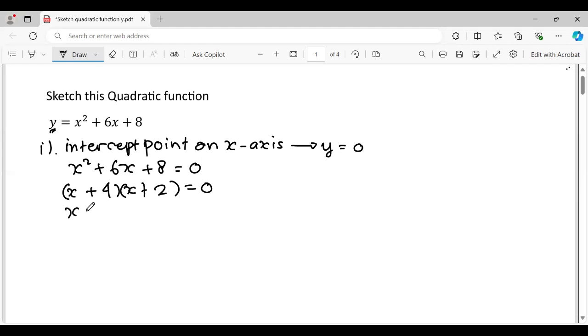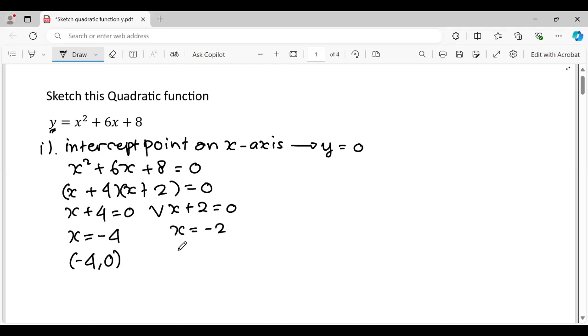So it's going to be x plus 4 equals 0, or x plus 2 equals 0. So x equals minus 4 and x equals minus 2. So the intercept points on the x-axis are minus 4, 0 and minus 2, 0.